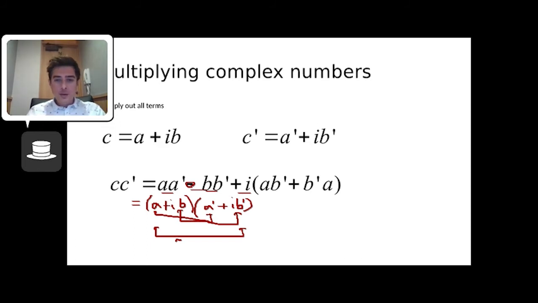This prime should not be here; in fact, it should be here. So this B and A prime pairing also has a coefficient of plus i, and this is why it has a plus sign here. So basically everything looks just like normal, except that the coefficient of the B B prime term is actually minus. Everything else looks just like normal.